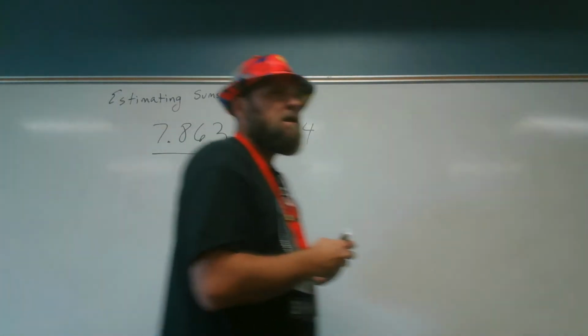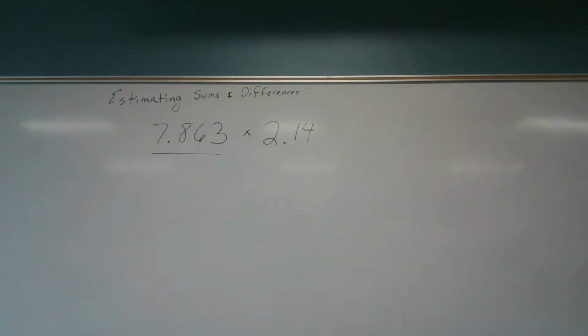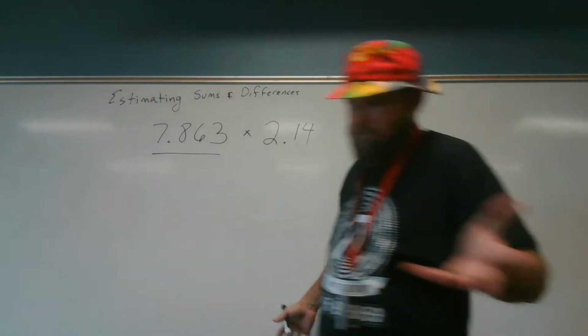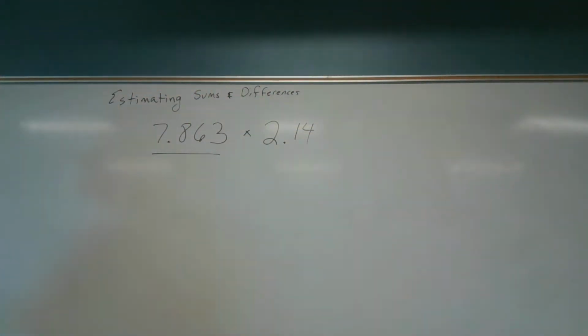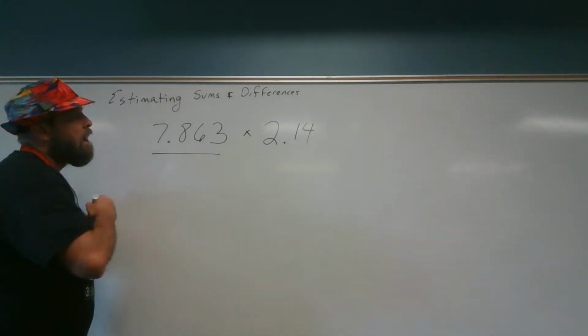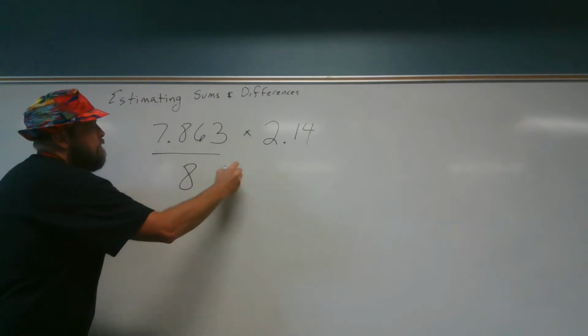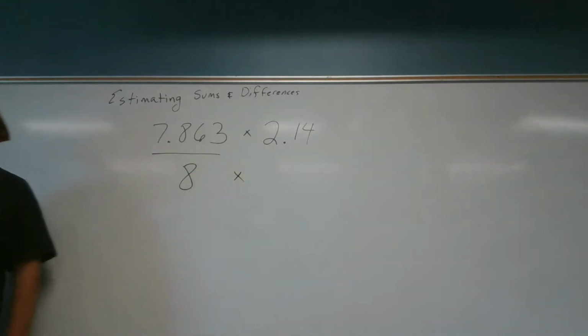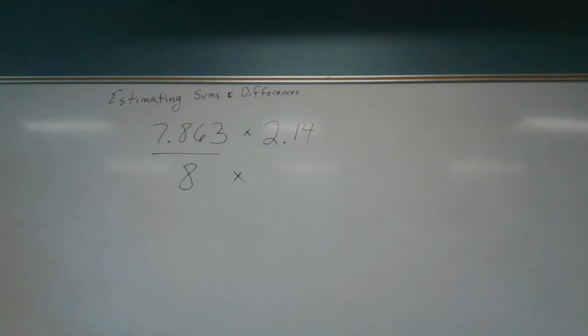So, let's see. Trent. I have 7 and 863 thousandths. I want to estimate that, so I need something close to 7 and 863 thousandths. Say 8. 8 is close to 7 and 863 thousandths.